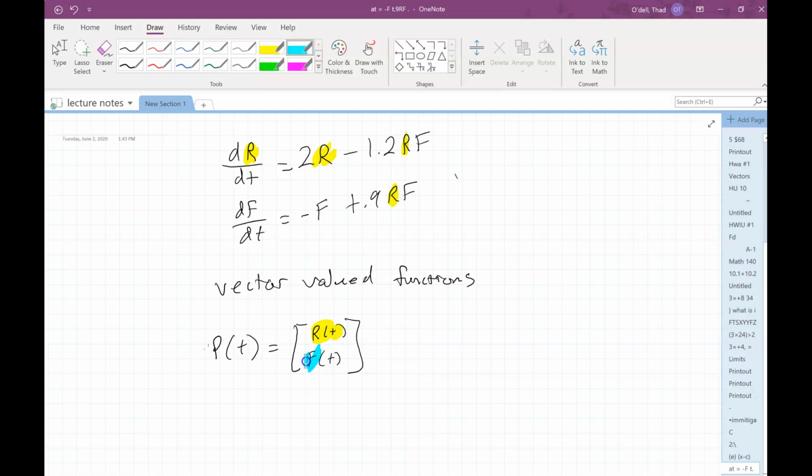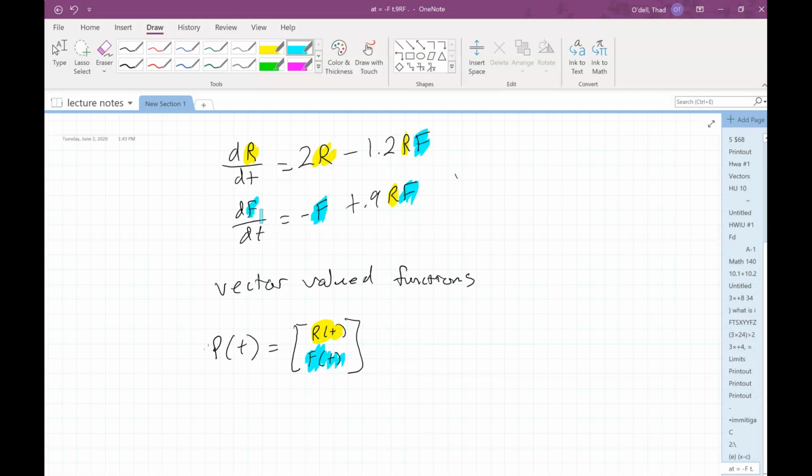Here's f of t. That would go there, there, there, and there. So what we're saying is that r of t and f of t together are the solution to this system of differential equations.